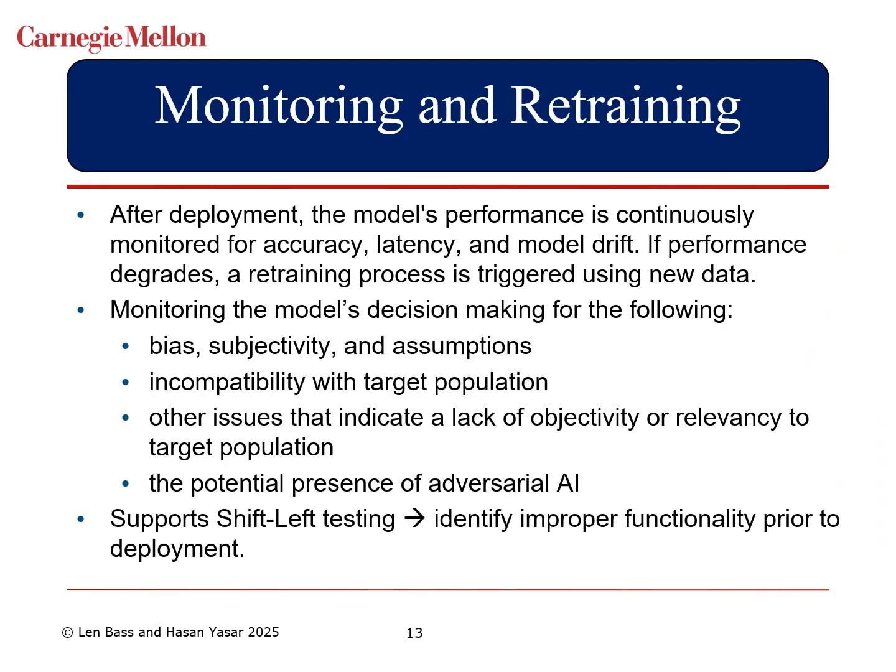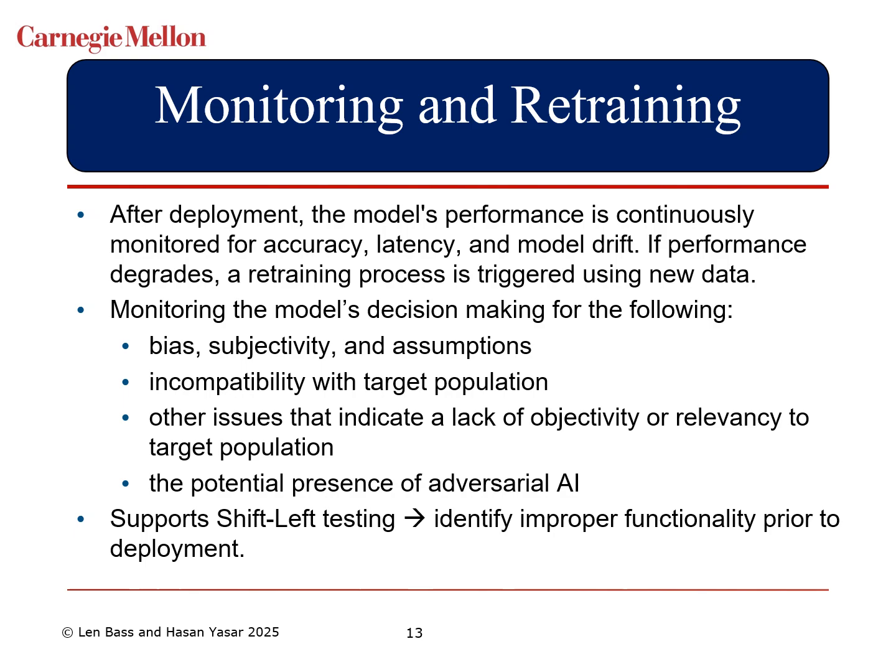Once you've built and deployed it, then you execute it, and you need to monitor it to see that it provides reasonable accuracy, reasonable latency, and there's a phenomenon called model drift, which means that for some reason or another, the data that you trained the model on is no longer representative of the real world.